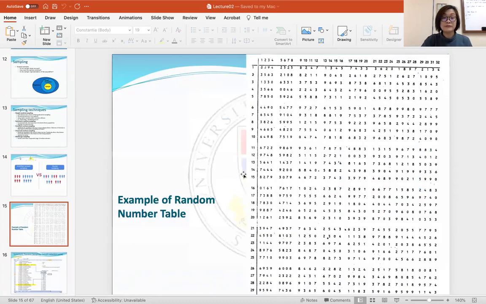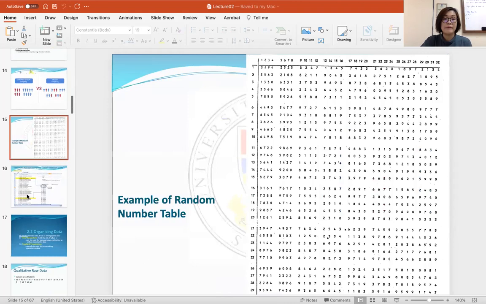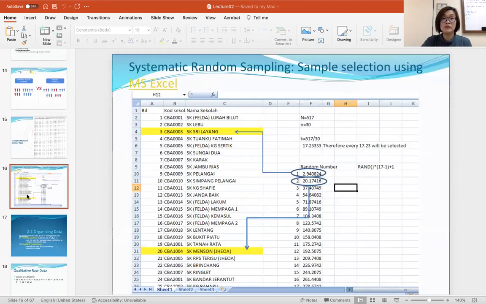Is that clear? So, random number table: before we had Excel, you could use this, which is one example of a random number table. Like I mentioned, you can use Excel, or you can Google how to use Excel to do the random sampling.